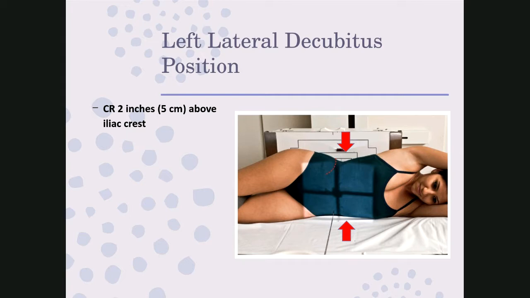You would place your top IR so that you were including the diaphragm, and then when you took your second image, you would have 1 to 2 inches of overlap, okay, like we talked about with the KUB. So if your patient is hyperstenic and they will not fit on one image receptor, it is possible that you'll take 2 IRs crosswise to each other to capture all of the anatomy.